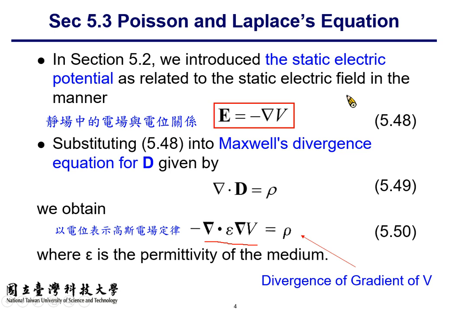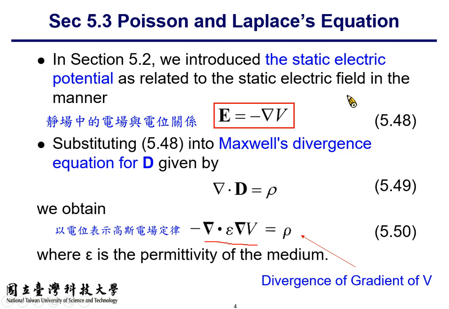All right, so compare equation 5.48 and 5.49. We can substitute the electrical flux density D with the minus of the gradient of V times permittivity epsilon, and it still equals the charge density rho.